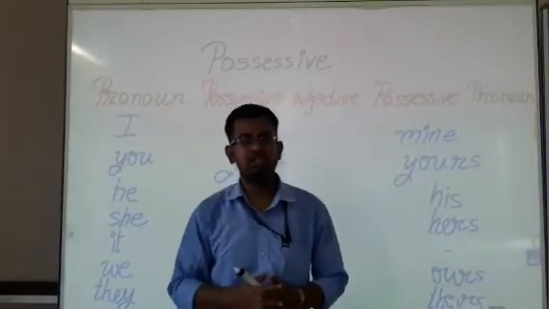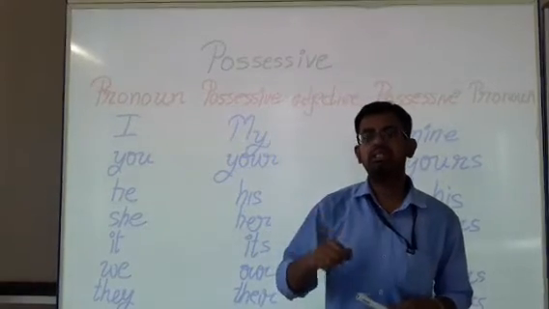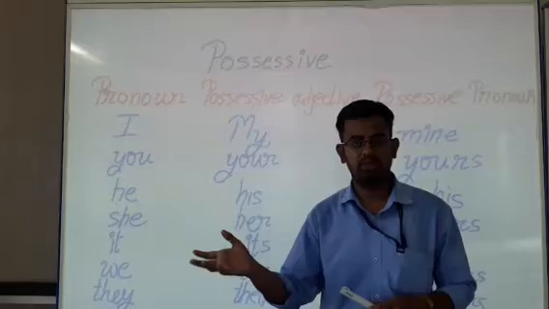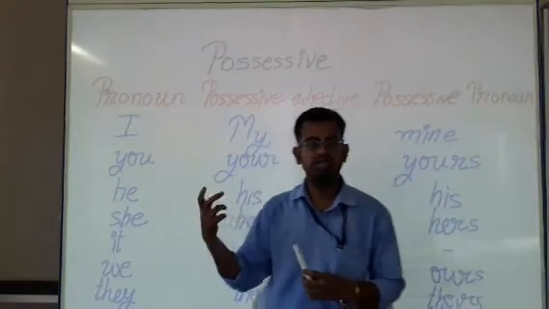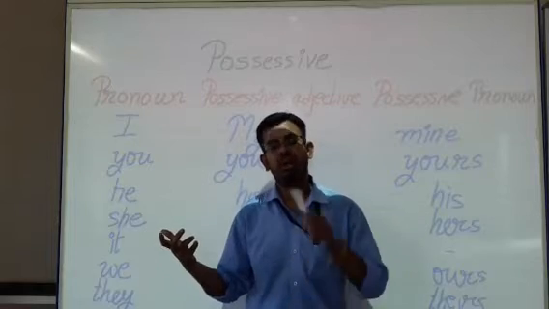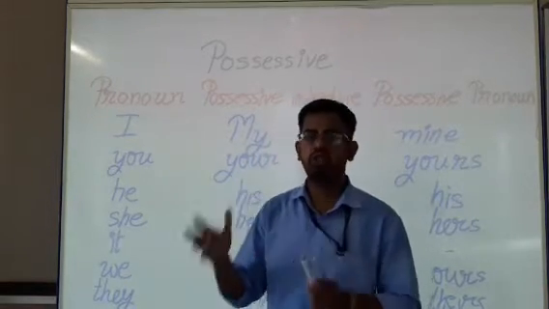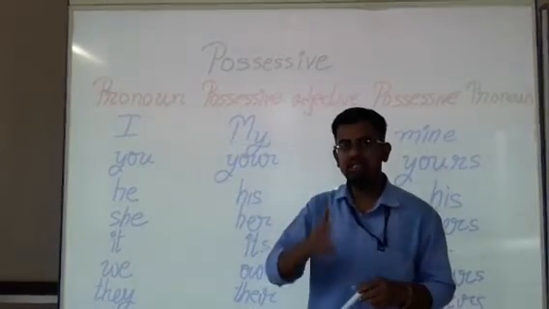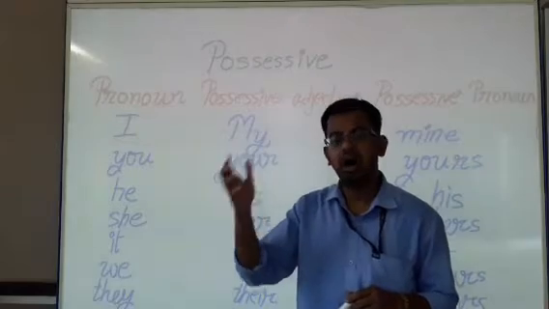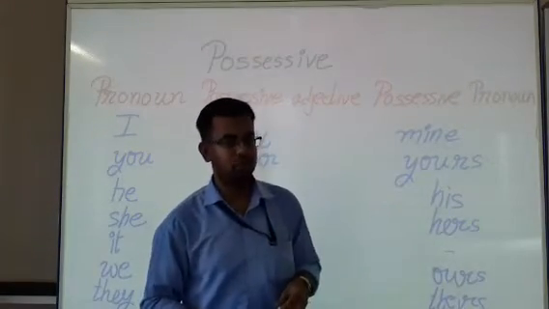Okay, we will also understand it with some examples. This is her house. House is our noun and we have used her, a possessive determiner, to show possession. We can also write this sentence as: this house is hers. One more time I will write this sentence and show it to you.